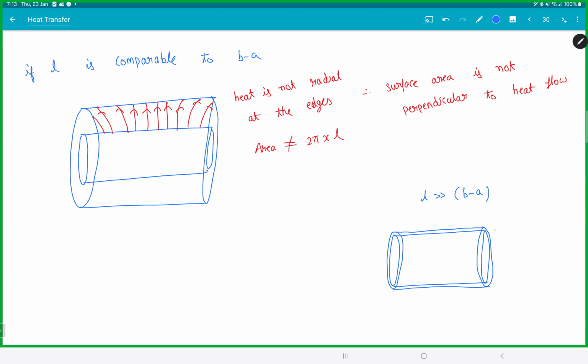That small difference we are talking about. The thickness b minus a is very small. So here the edge effects can be ignored. This is technically called the fringe effect. Fringe means edge.